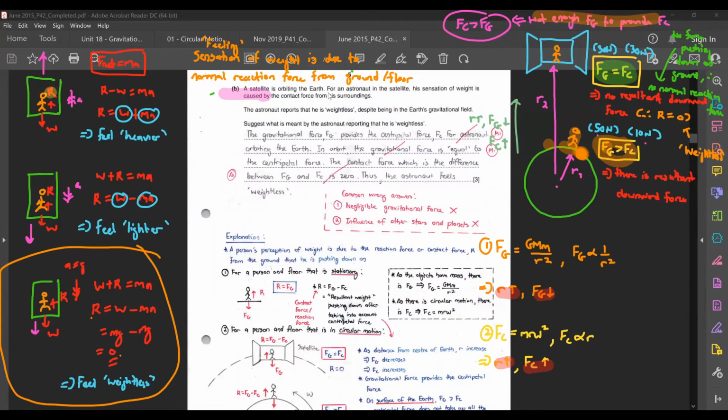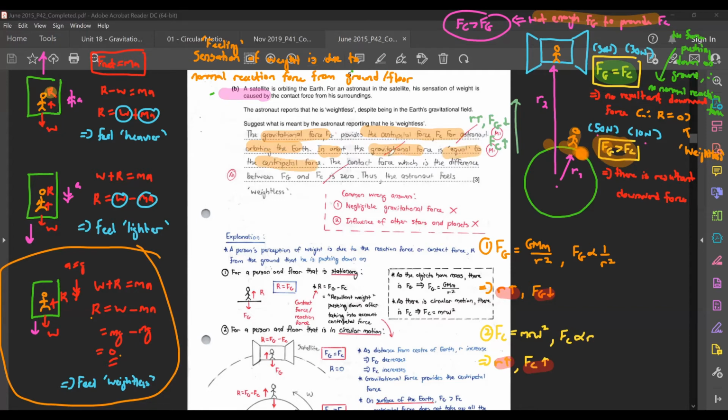It's a 3-mark question, so some of the things you will need to explain will be something like this. You say that the gravitational force acting on the astronaut is the one that provides the centripetal force for the astronaut orbiting the Earth. While the satellite is in orbit and the astronaut is inside, the gravitational force is equal to your centripetal force.